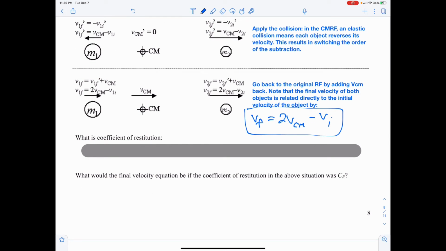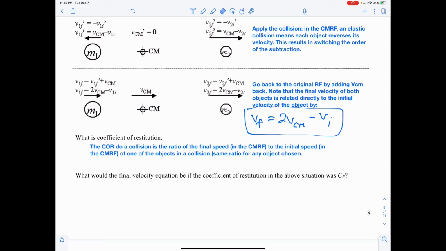Coefficient of restitution. Well, that is basically the ratio of the final speed to the initial speed of one of the objects in the collision.